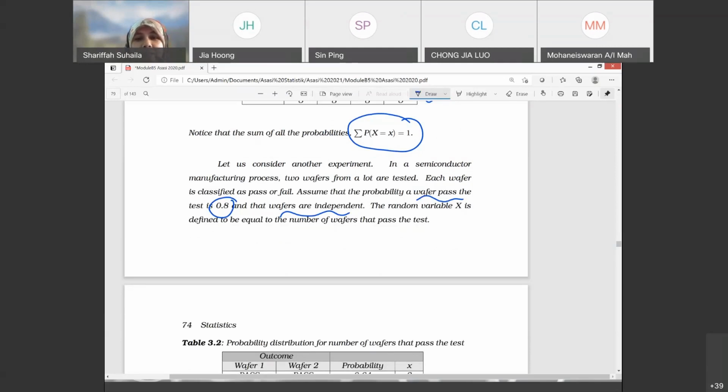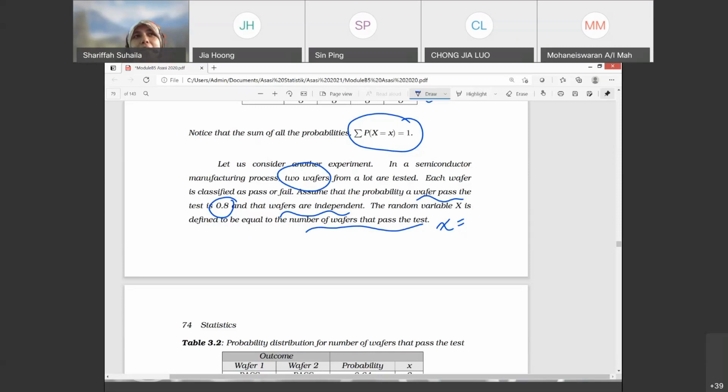Let's say we define a random variable X, which is the number of wafers that pass the test. You only have 2 wafers. What is your small x? Capital X is the number of wafers that pass the test.